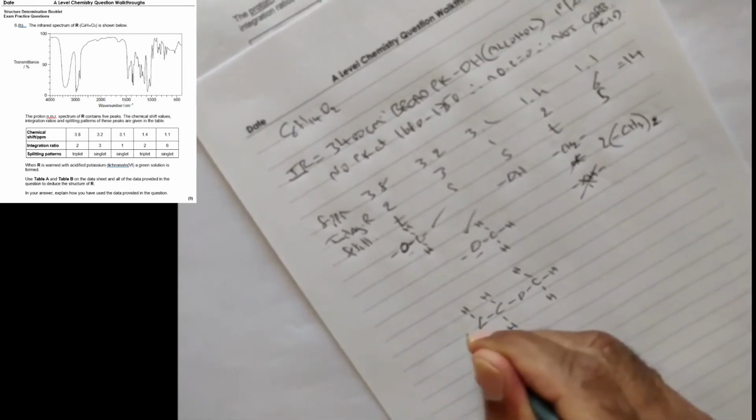So I'm now going to put another CH2 and a trailing bond. Okay, so I've taken that into account. And actually at this point, what I'm going to highlight to you is what I was going to say earlier.